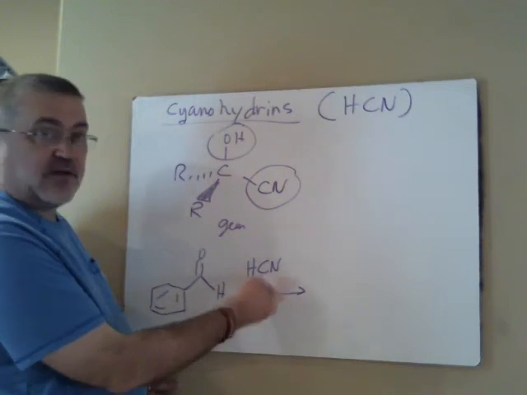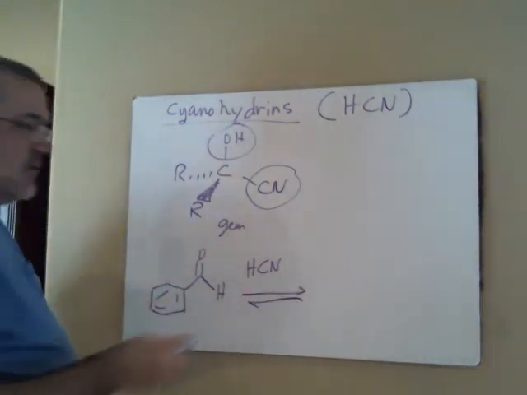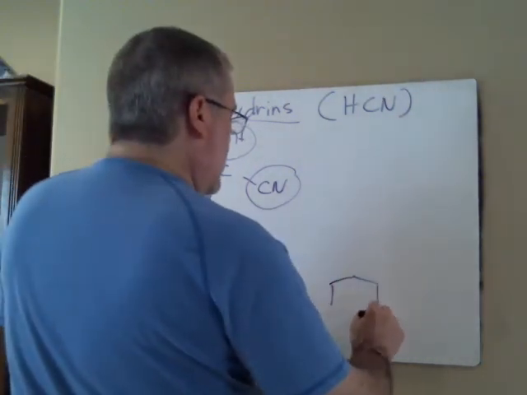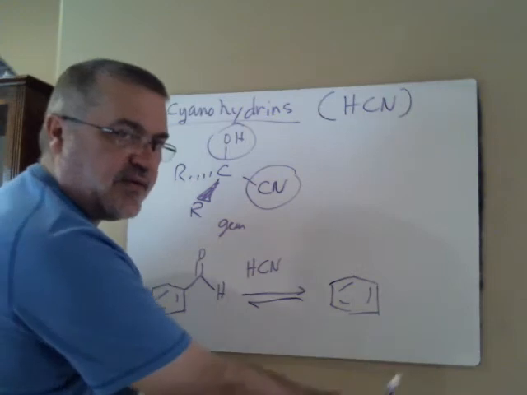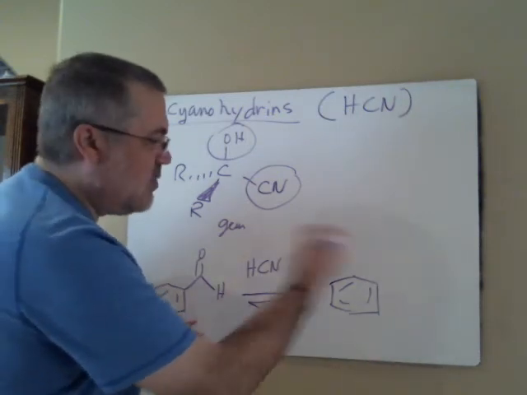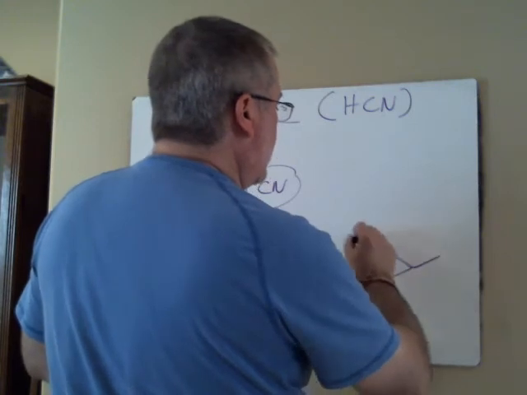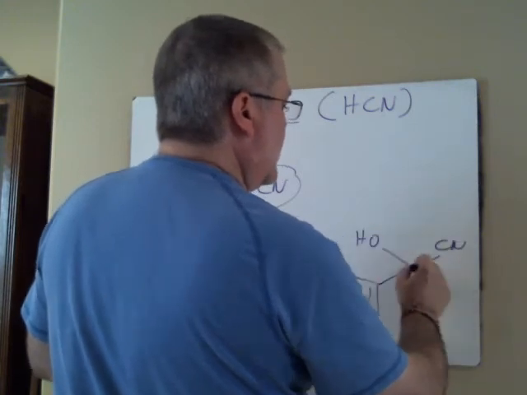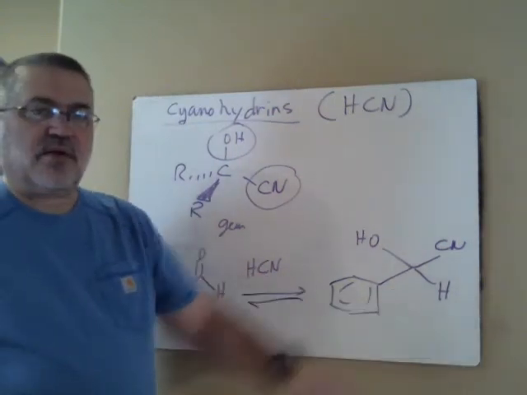Because CN is a good leaving group. So that means I know this reaction is going to be reversible. However, the equilibrium does lie on the side with products. It lies on the right side as written, and so this reaction occurs and I get the cyanohydrin with the CN added, and it gives me this product.